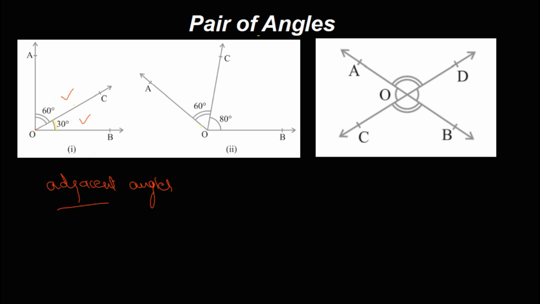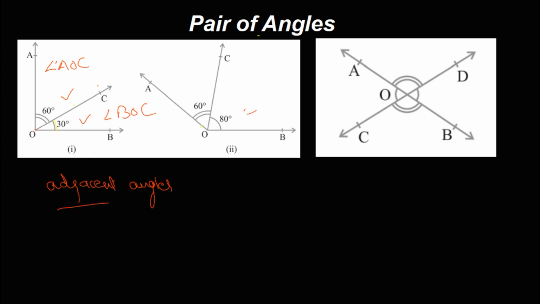So the 60 degree angle will be written as angle AOC and the 30 degree angle will be marked as angle BOC. Since they have a common vertex O and a common arm OC, they are called adjacent angles. Likewise here also, these two are 60 and 80, and they are also termed adjacent angles. I hope things are clear to every one of you.